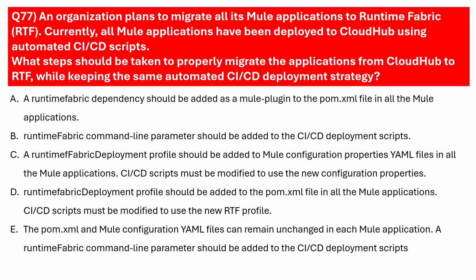D. A runtimeFabricDeployment profile should be added to the pom.xml file in all the Mule applications. CI/CD scripts must be modified to use the new RTF profile. E. The pom.xml and Mule configuration YAML files can remain unchanged in each Mule application. A Runtime Fabric command line parameter should be added to the CI/CD deployment scripts.